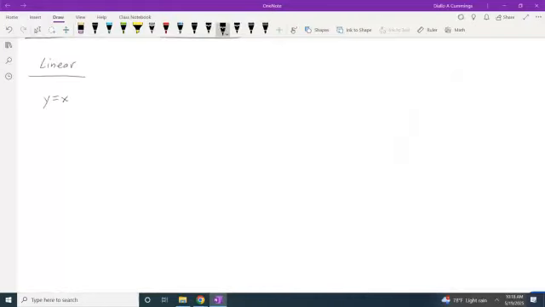Okay, so if you graph a linear equation, it's going to look something like this. It's going to form a straight line. So we're looking at the model form for the equation, and then we're looking at a rough sketch of the graph. So that's a linear equation.